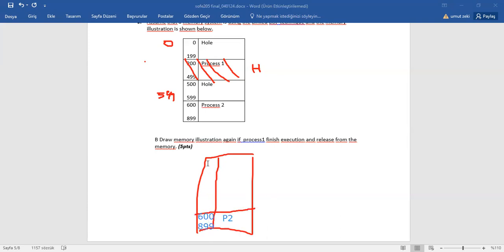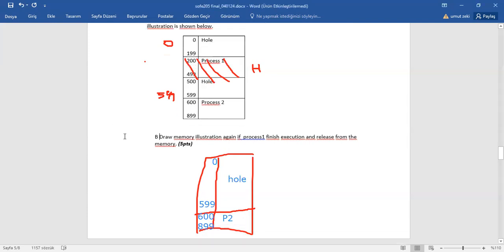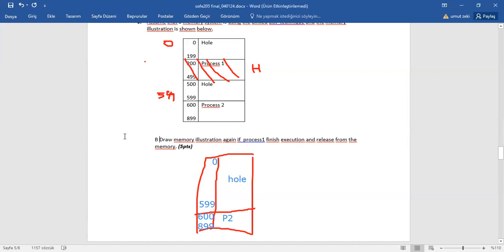And this is from 0 to 599. Okay, it is a big hole. The question was very easy actually, but you just have to be familiar with them.